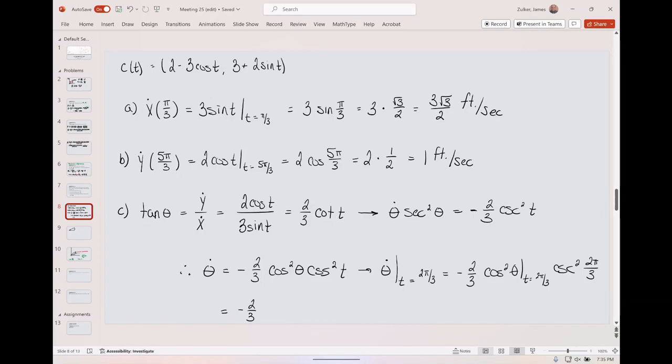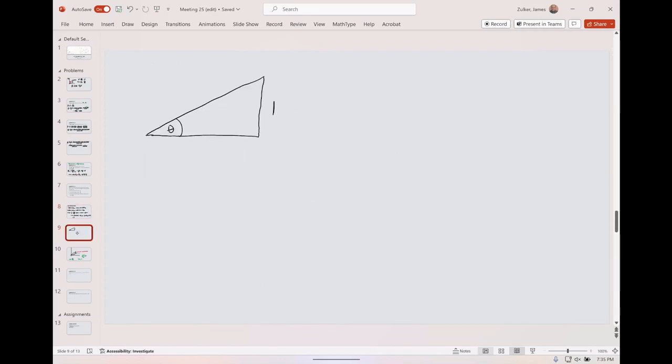Negative √3 over 2. It's positive √3 over 2. Times 3. What's that going to make? I'm going to write this.